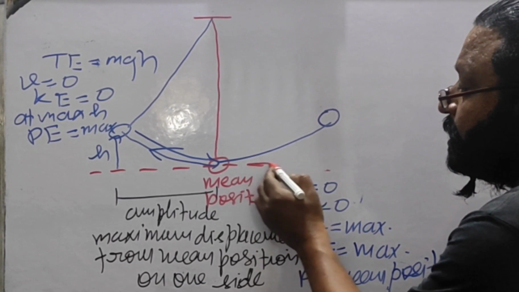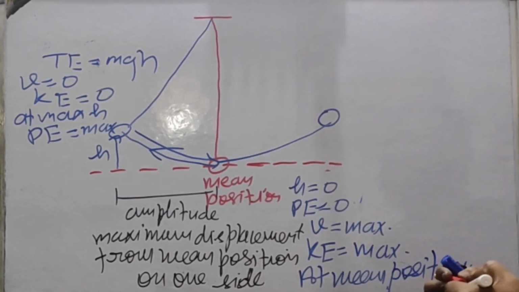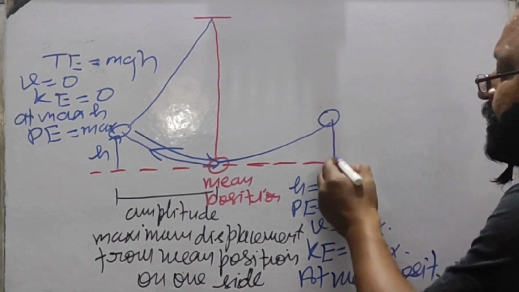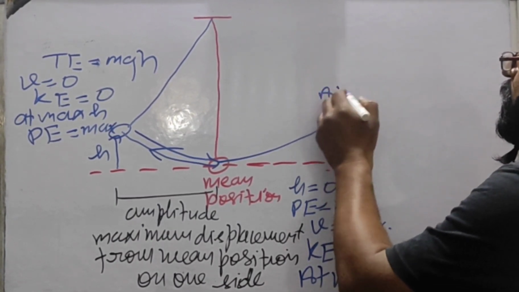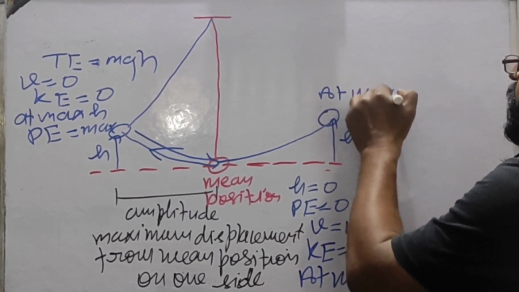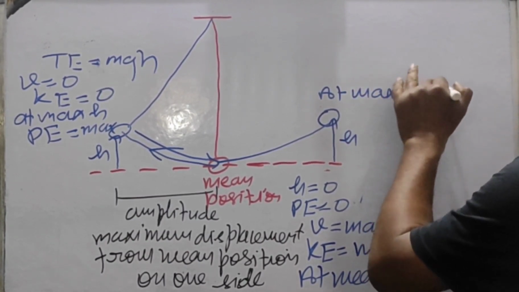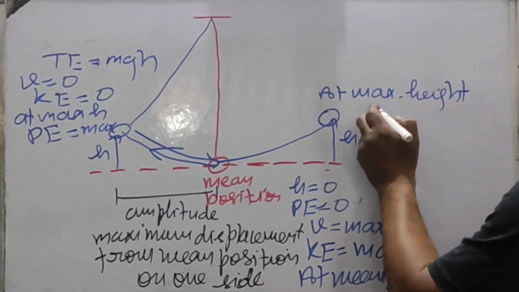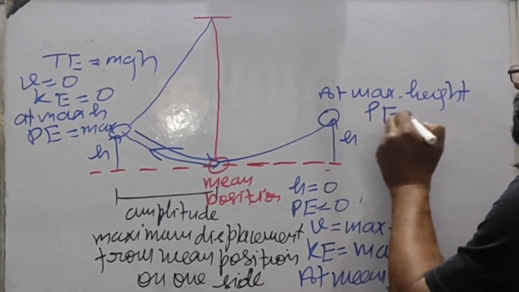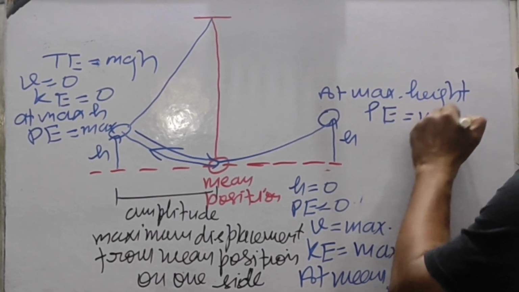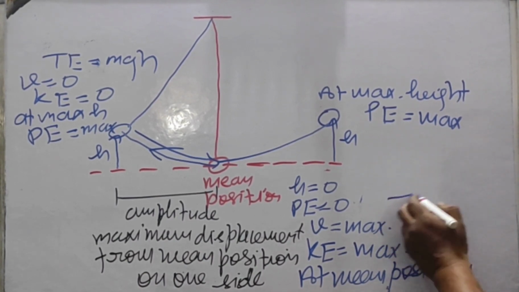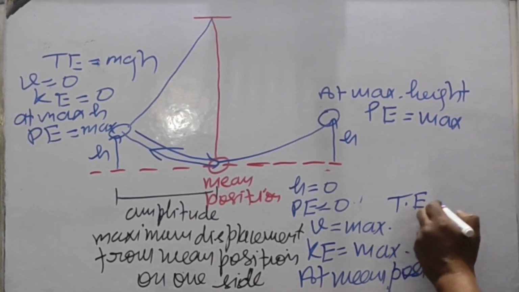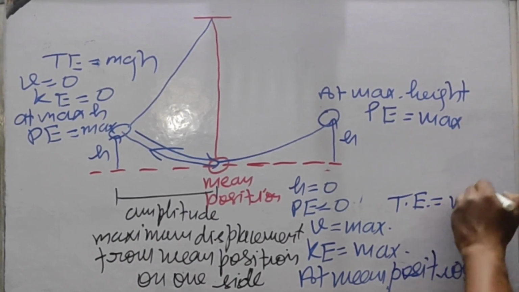So again, in one oscillation, the height remains the same. Again the height is h, and at maximum height potential energy is maximum, and total energy is mgh, right?